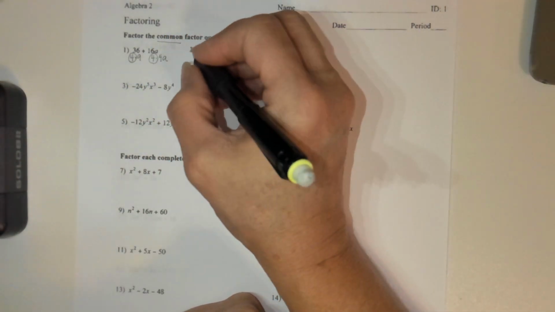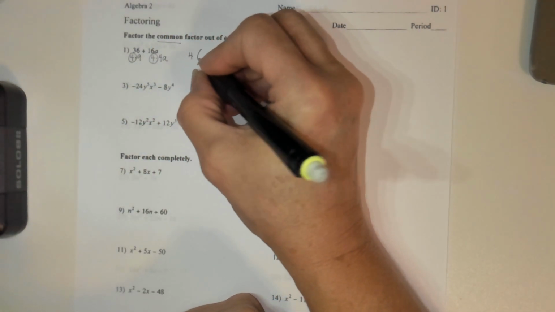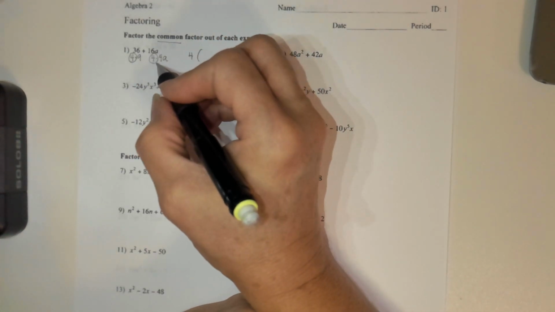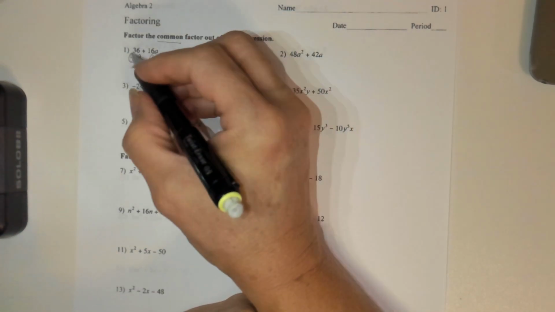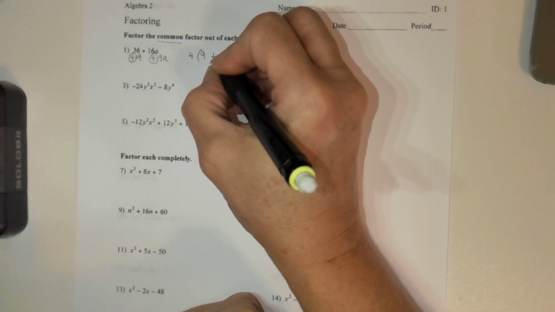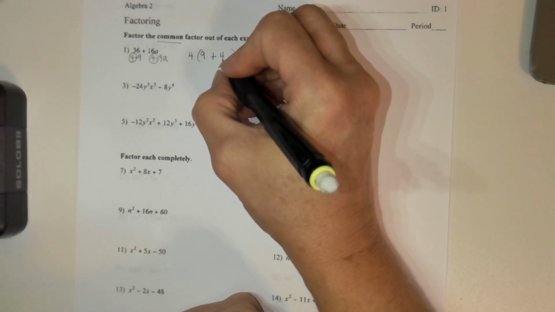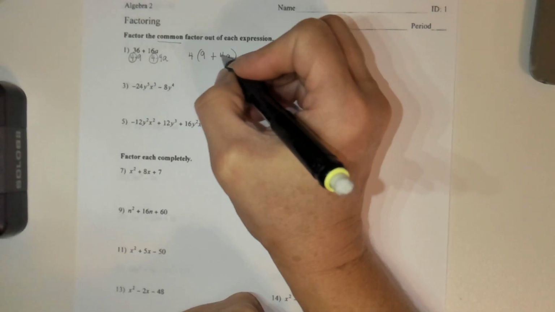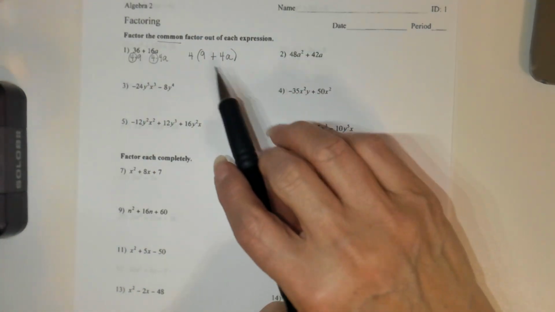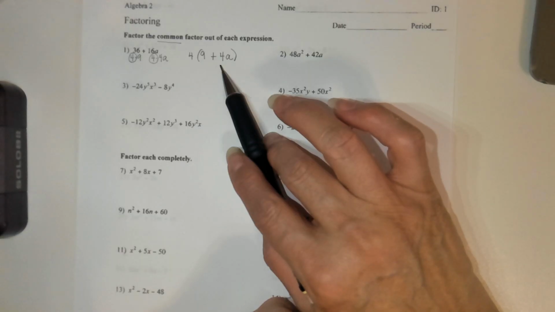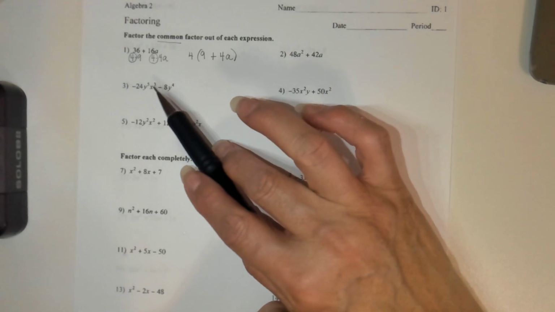It's the biggest number that can go into both. And if you bring the 4 out, 4 times 9 would create the 36, and then 4 times a 4a would create your 16a. And this is the common factor in problem number 1.